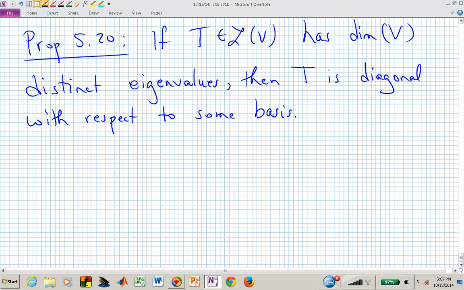So now if we have five distinct eigenvalues, living in a five-dimensional vector space, that immediately says we have five linearly independent eigenvectors. Well, now if we have linearly independent eigenvectors in a five-dimensional space, they are spanning the space and they're linearly independent. That's a basis. There we have it. And that's the basis that we would need.